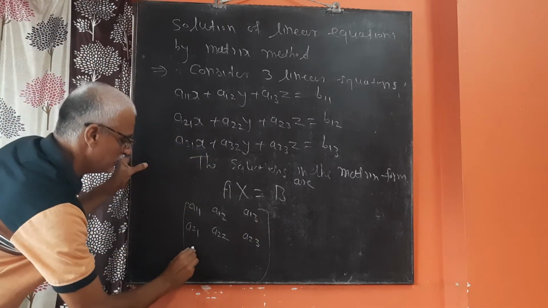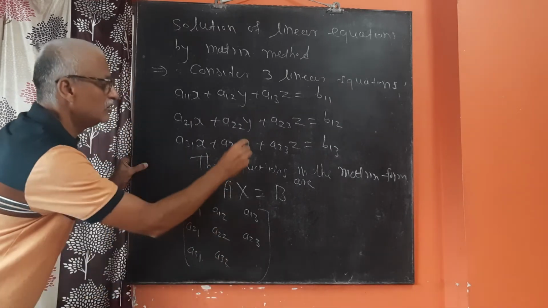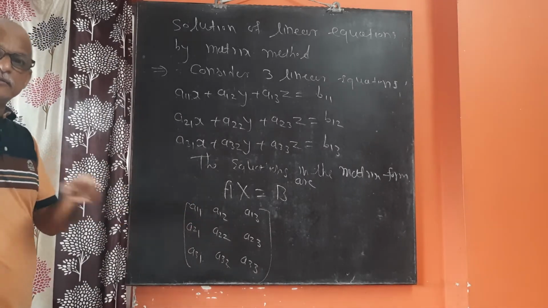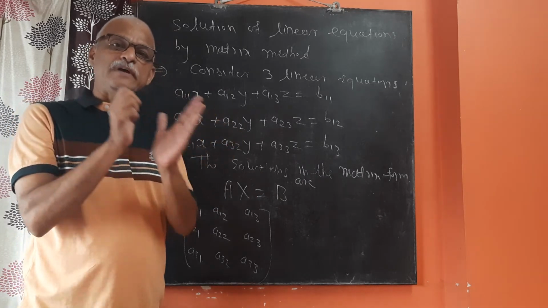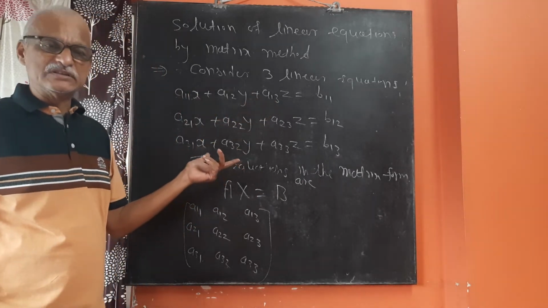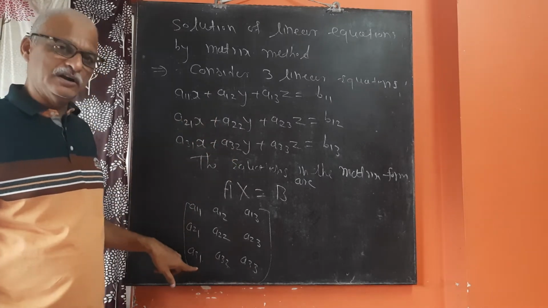Third equation, a31, a32 and a33. And this is the matrix A. I repeat again. Matrix A means what? Coefficients of x, y, z from all three equations. First equation is the first row, second equation is the second row, third equation is the third row.